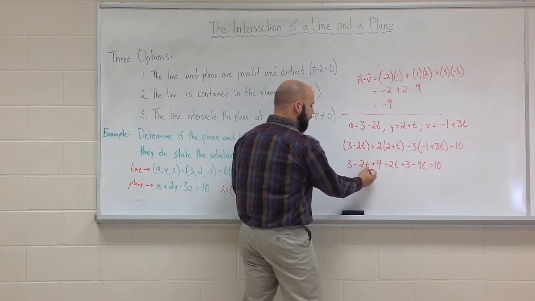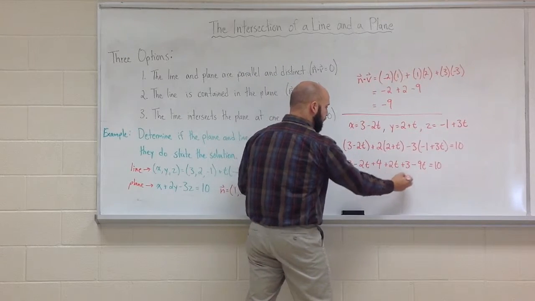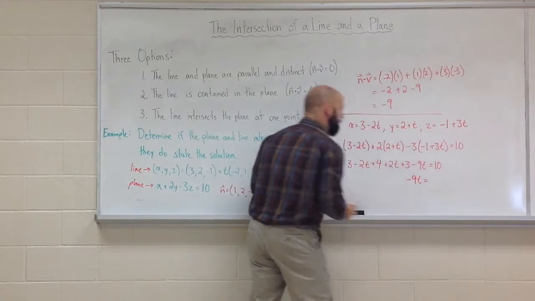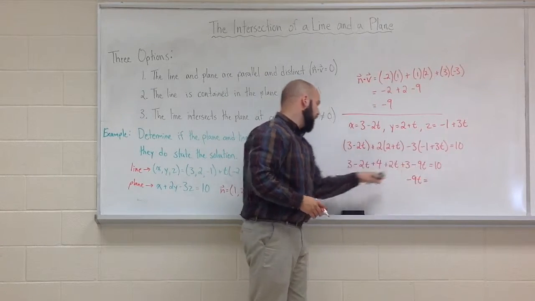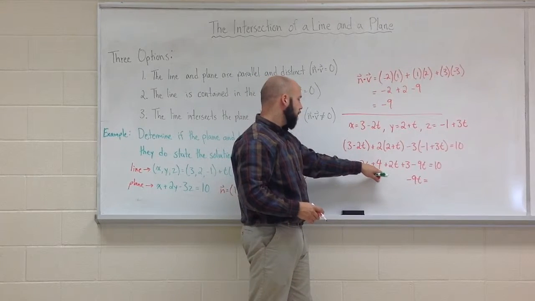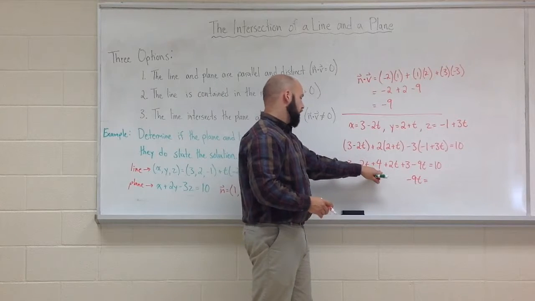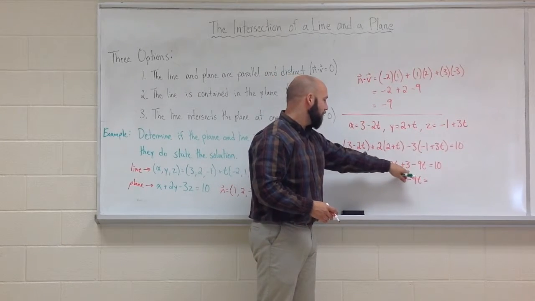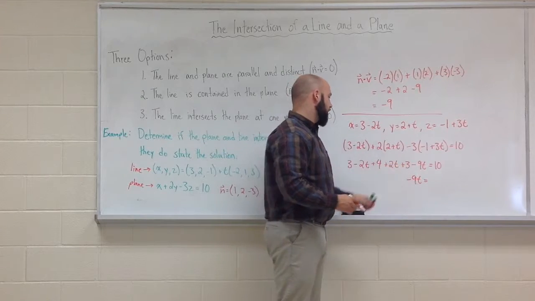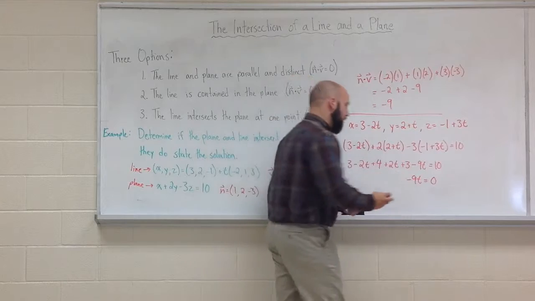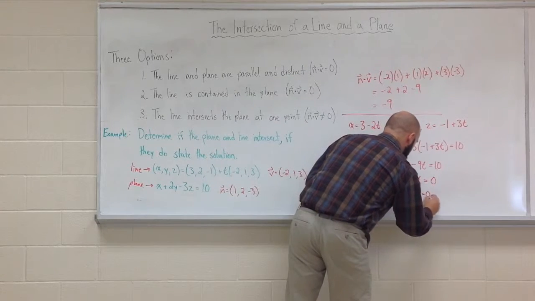I have -2t plus 2t minus 9t will just leave me with minus 9t on this side. And I'll have 10 minus 3 will give 7, minus 4 will give 3, and then minus 3 will give 0, so negative 9t equals 0. So t equals 0.